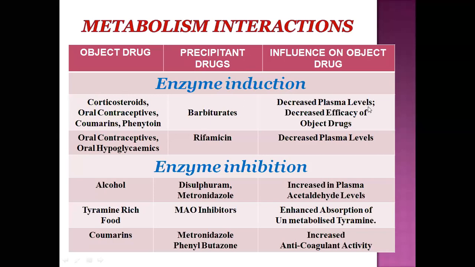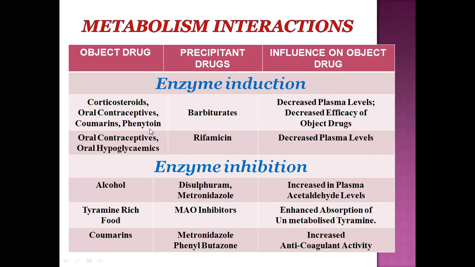They decrease the plasma level of the concerned drugs and decrease the efficacy of object drugs. When combined with barbiturates, they decrease the concentration of the object drug in plasma, as well as the efficacy of that drug, due to barbiturate enzyme induction.